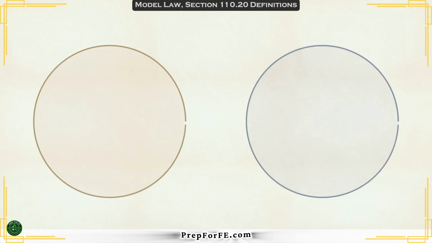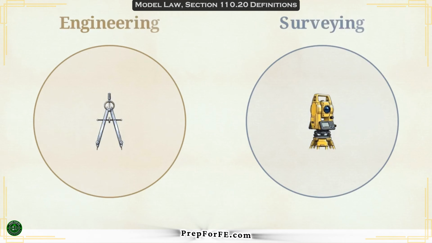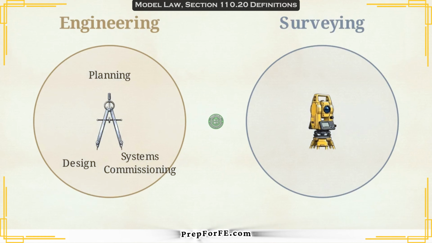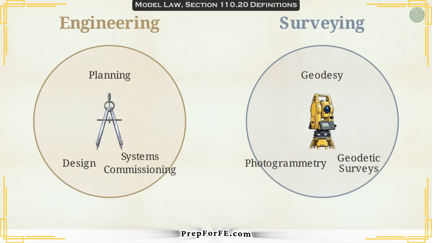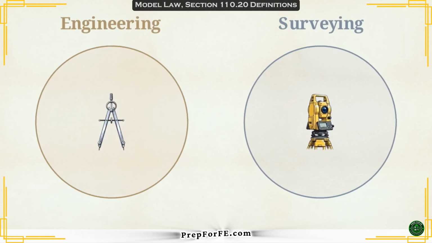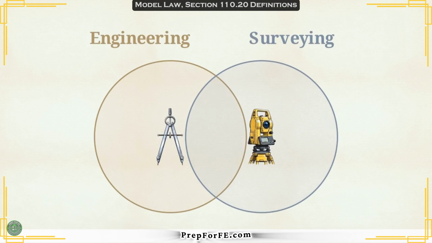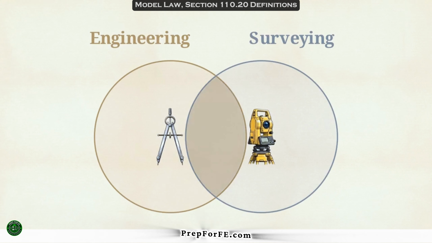This split screen shows the explicit legal boundary between the two primary disciplines regulated by the board, engineering and surveying. The practice of surveying includes making geometric measurements, determining property lines, mapping subdivisions, performing geodetic surveys, and photogrammetry. The NCEES definitions create a narrow intersection where these two disciplines overlap.